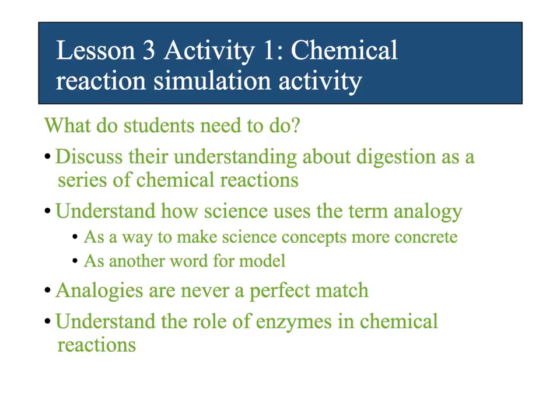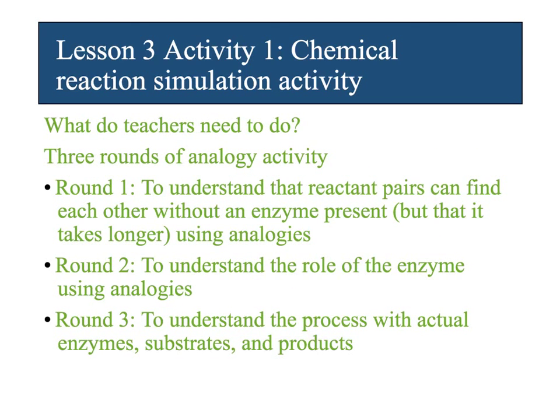They're going to understand the role of analogies, and by the end of this lesson will also understand the role of enzymes in chemical reactions. So what do you need to know? This is a pretty active lesson, and there'll be 3 rounds of the analogy activity. In round 1, they're going to understand that reactant pairs can find each other without an enzyme present, but that it takes longer.